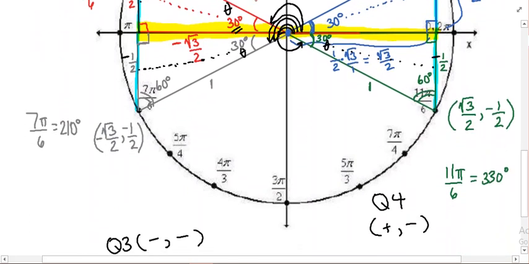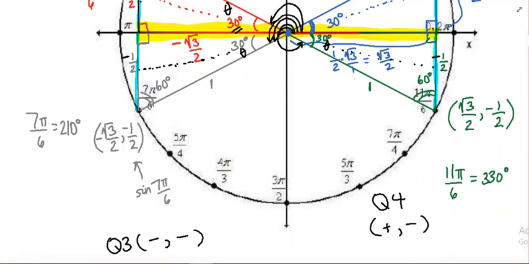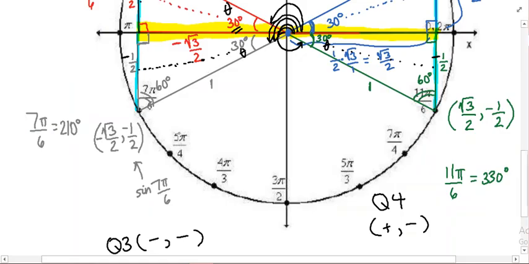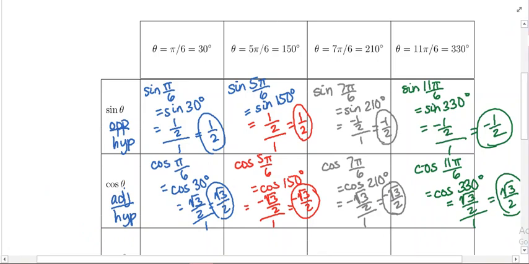Look at 7 pi over 6. Guess what the sine is going to be? The sine is the y coordinate. This is the sine of 7 pi over 6: negative 1/2. Yes. Here's the cosine of 7 pi over 6: negative square root of 3 over 2. There it is.